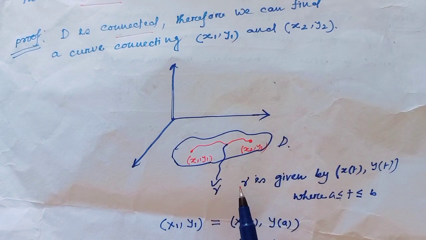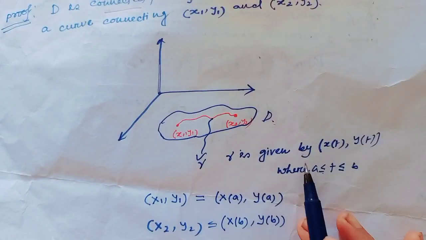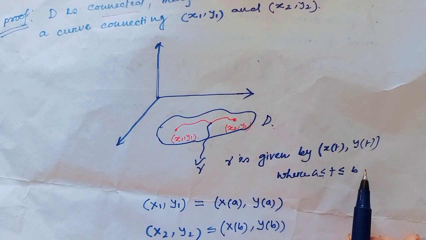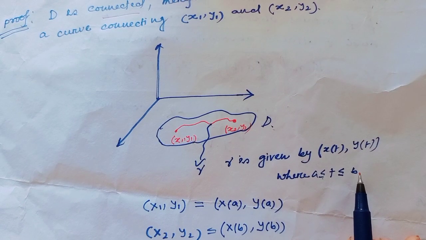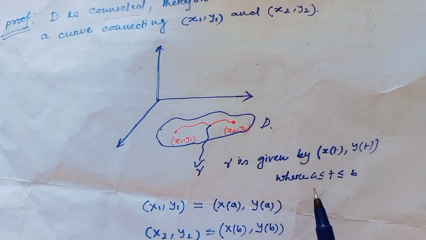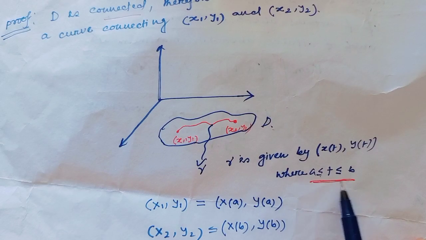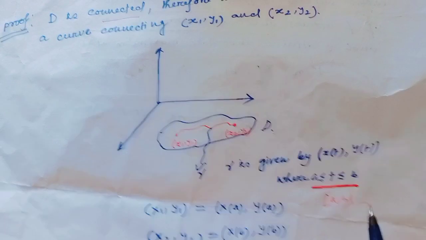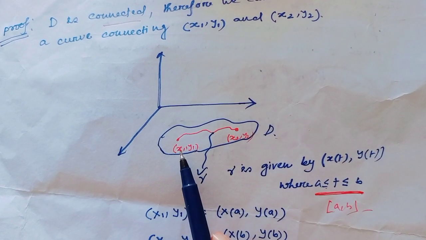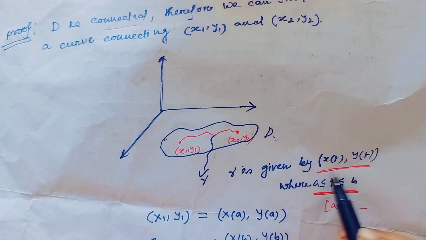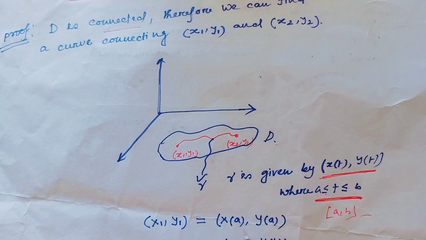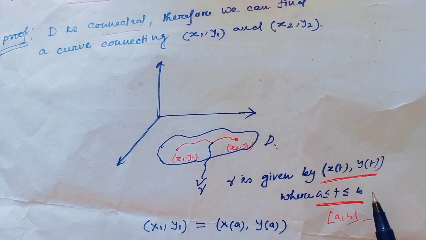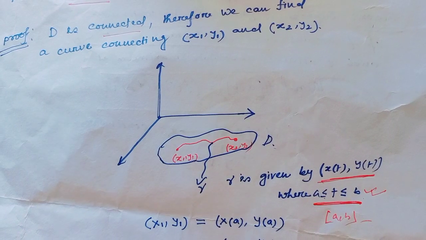Now consider a parametric curve gamma, given by (x(t), y(t)), where t lies in the closed interval [A, B]. Since gamma is parametrized over [A, B], (x1, y1) means this parametric curve at the point A, which is (x(a), y(a)), and (x2, y2) means this parametric curve at the point B, which would be (x(b), y(b)).